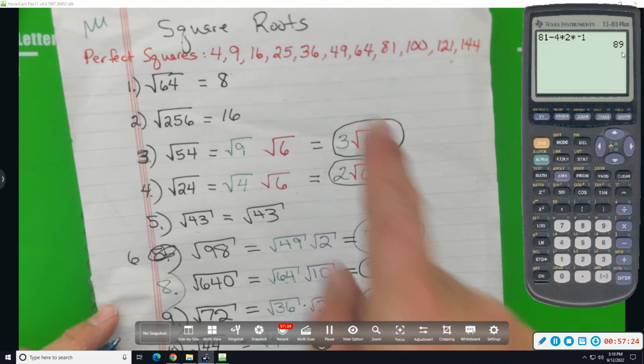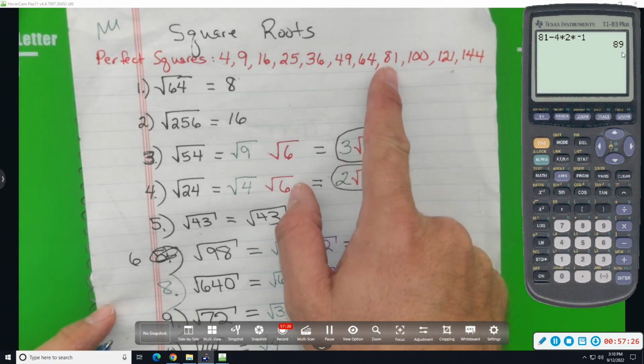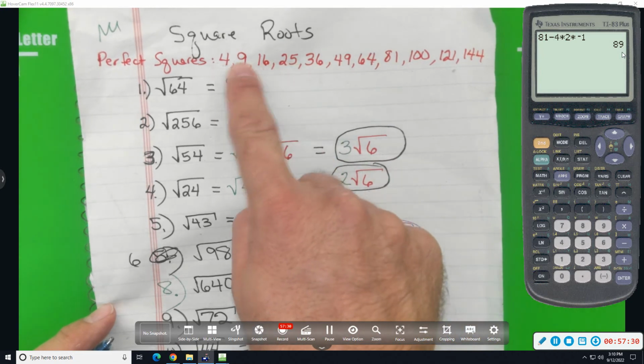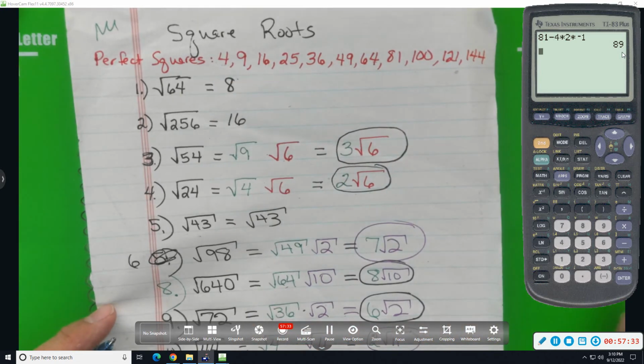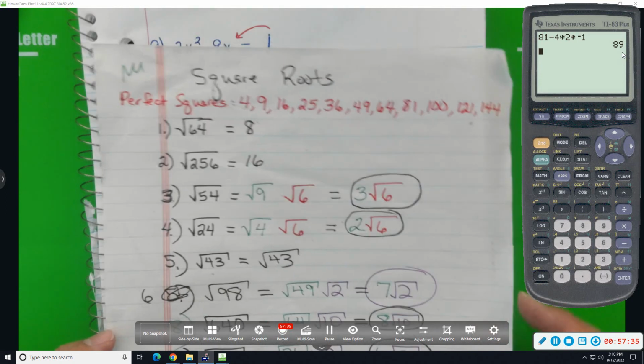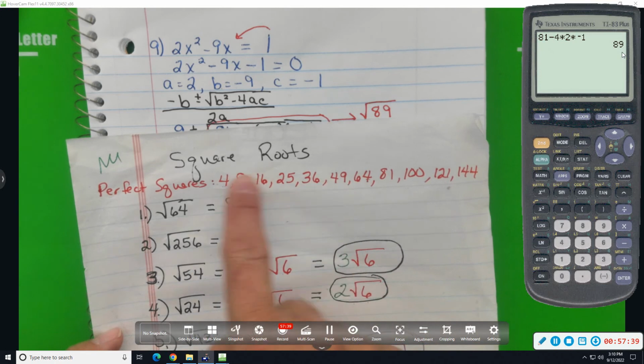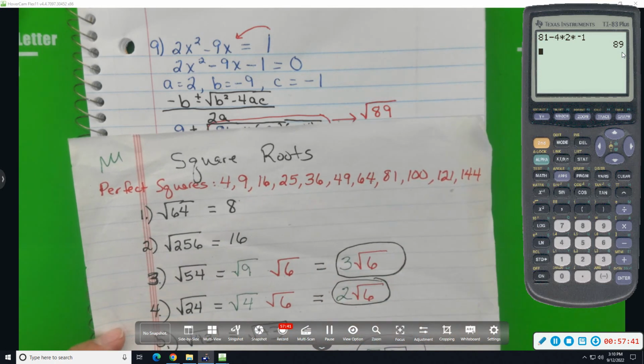So we look at the perfect squares: 81, 64, 49, 36. Do any of these divide into 89? I think 89 is a prime number. Yeah, there's nothing that divides into 89. 4 doesn't.